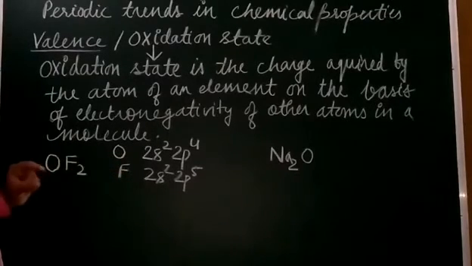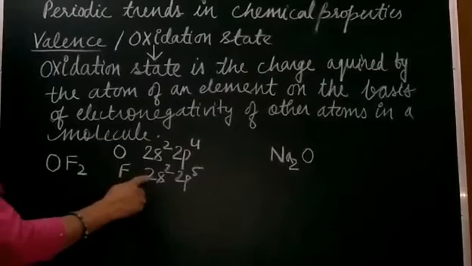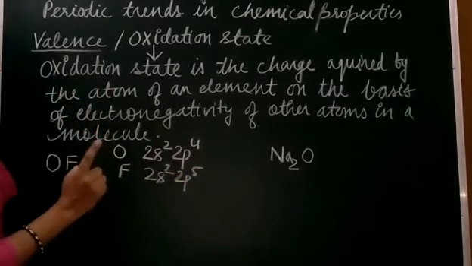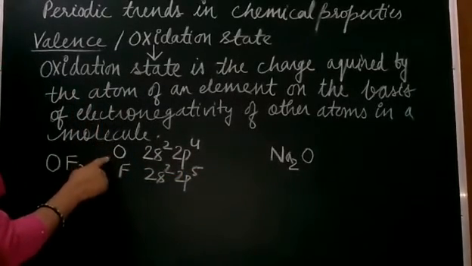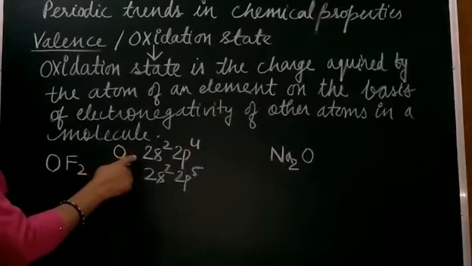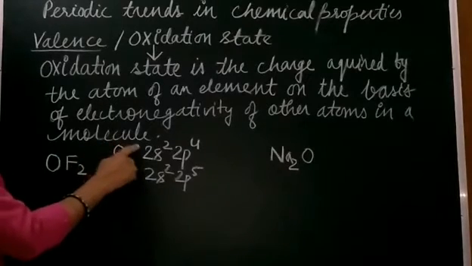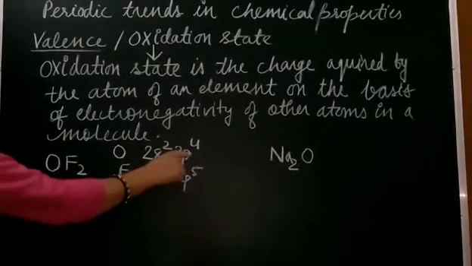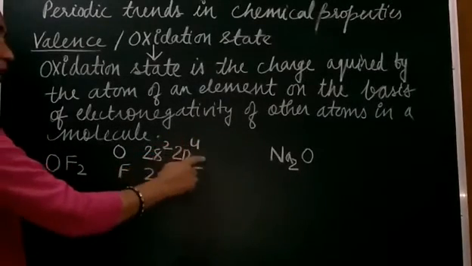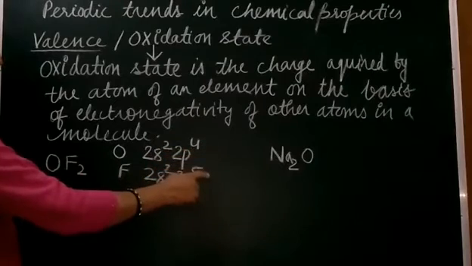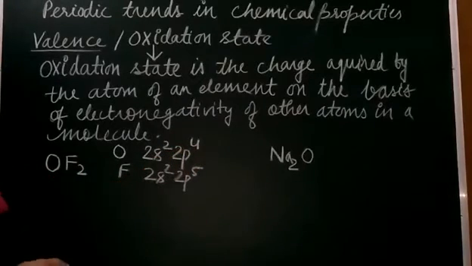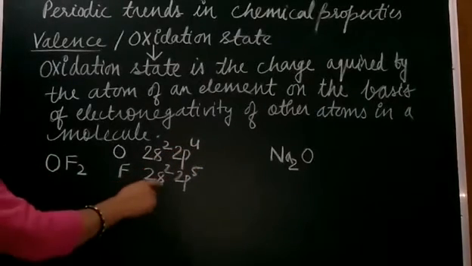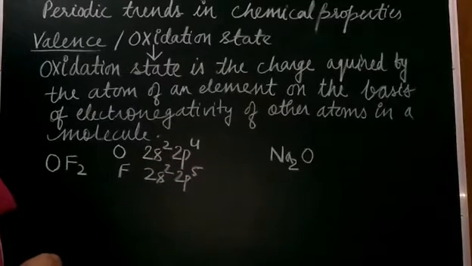Fluorine only needs one electron, but oxygen, 2s2 2p4, if it gets one electron shared with the other, what will happen? It will get the half filled configuration, and the fluorine will get the stable configuration.